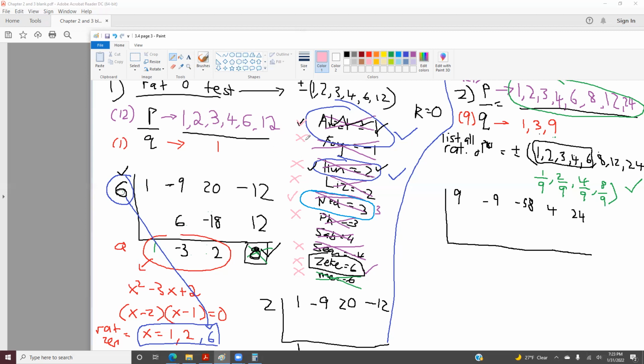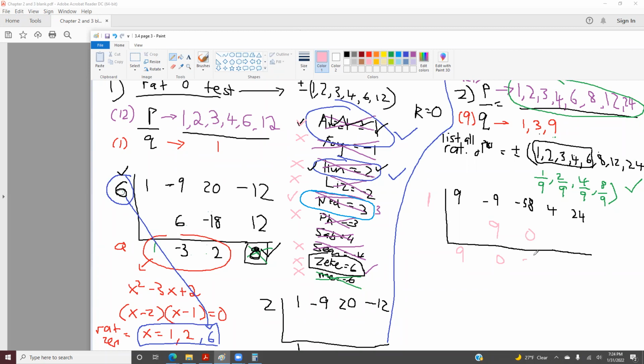Okay, I'll do 1 since Sabrina, I'm waiting for your 4. 1 is the easiest one to do compared to the rest. So drop the 9. So Ariel, what do you do next? Multiply this, you get a 9. So I'm doing 1 here. You get 0. 1 times 0 is 0.